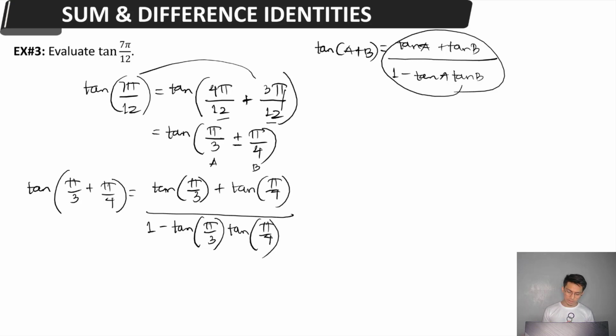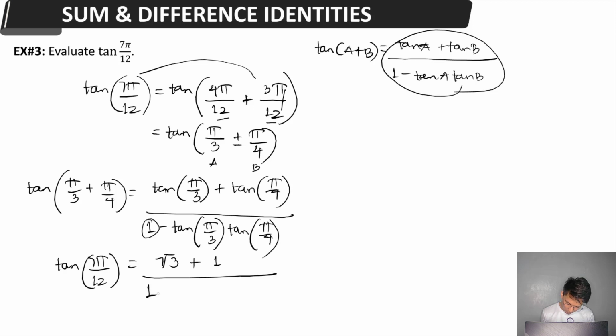Substituting the known values, alam na natin yung tangent pi over 3, tangent pi over 4. Pwede natin i-write to as tangent 7 pi over 12 na ulit. Tangent pi over 3 na natin is equal to square root of 3. Plus, ang ating tangent pi over 4 is equal to 1, over 1 minus tangent pi over 3 na square root of 3 times 1, yung ating value ng tangent pi over 4.